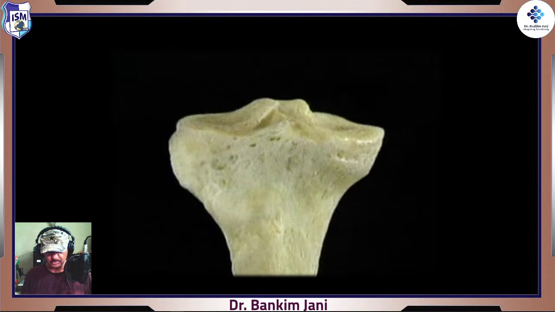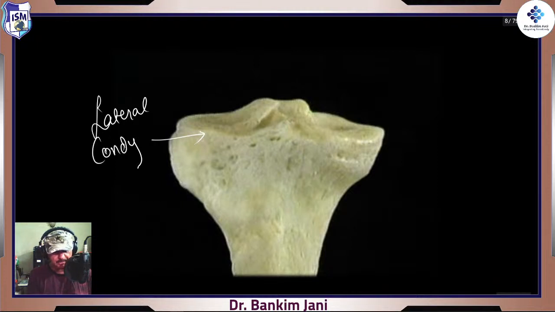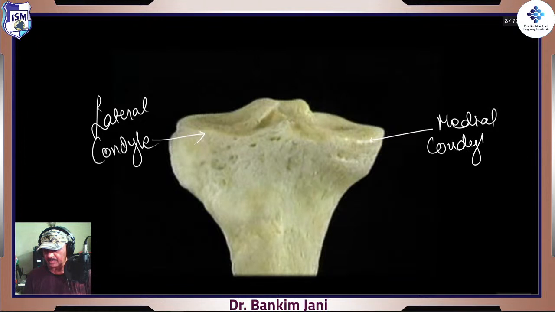Just looking at this, over here, this one is the lateral condyle, and because over here this is the medial aspect, this would be the medial condyle, the prominence. And that's the proximal tibia.